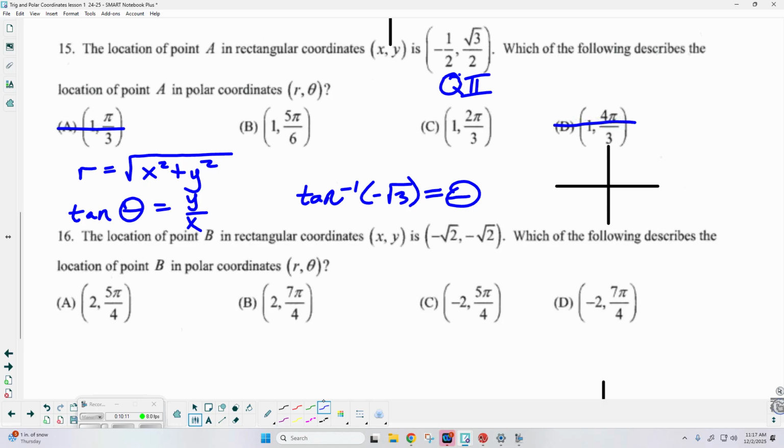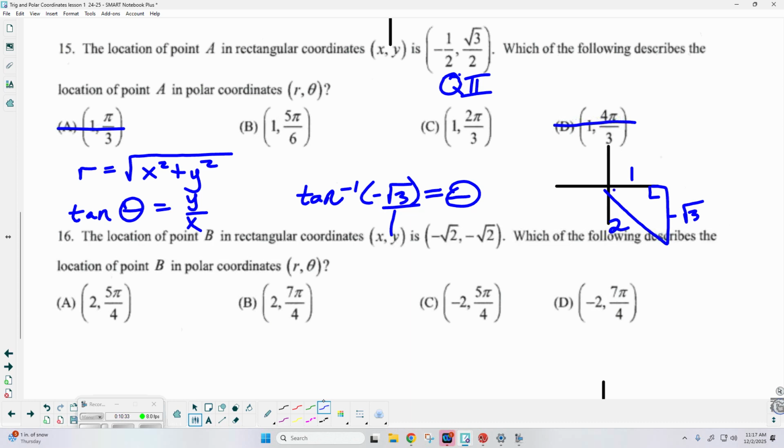Why? Because it's negative. So I'm going to draw a triangle here in quadrant 4. I'm going to make that over 1, so we have a fraction. Y divided by x, so this would be a negative root 3. That's a 1. If I use the Pythagorean theorem, I should get that hypotenuse as 2. So this is a 30, 60, 90 triangle.